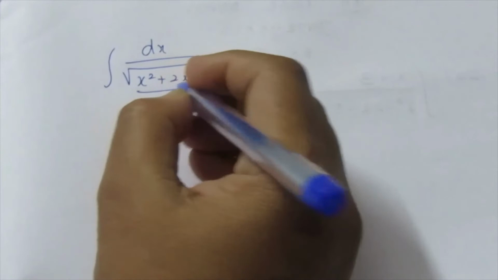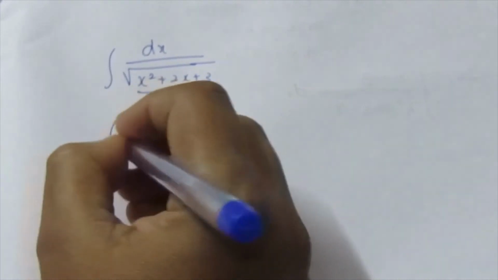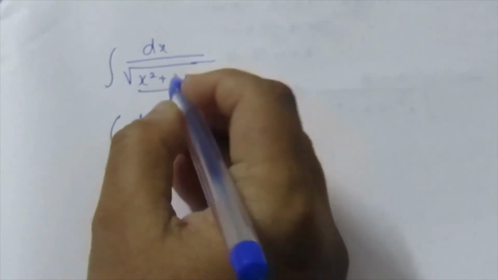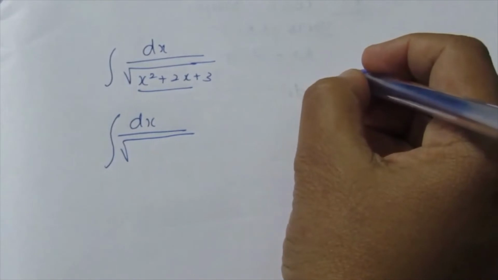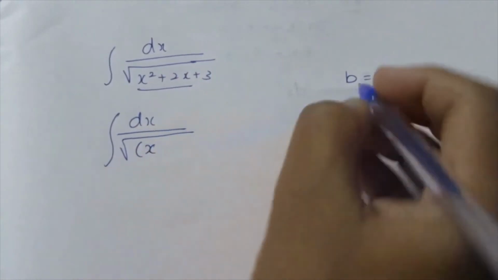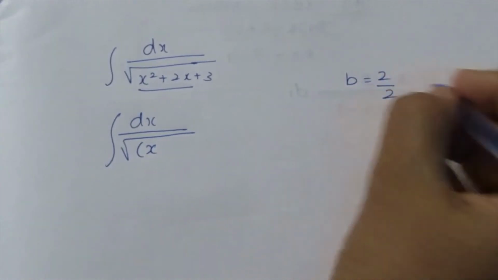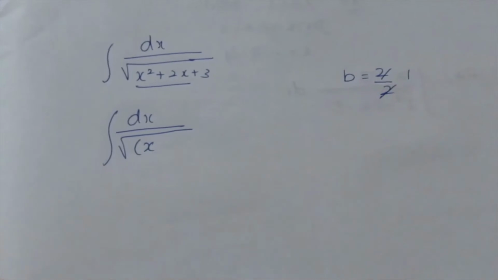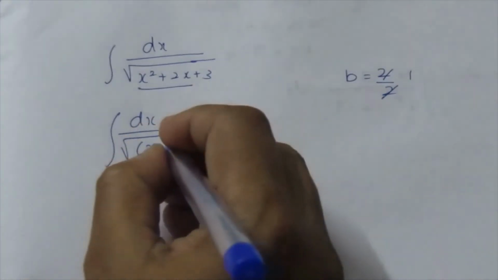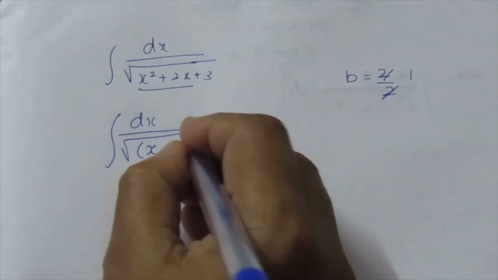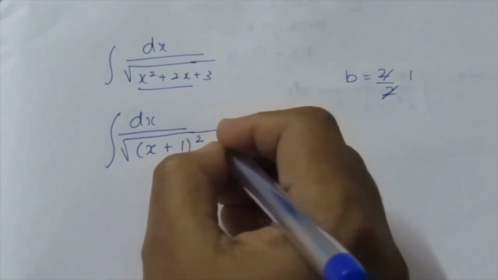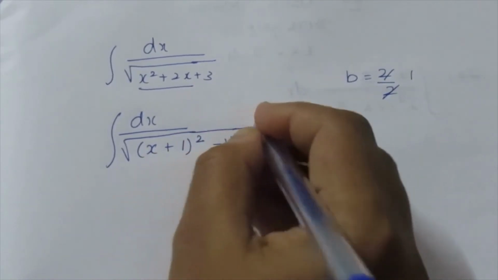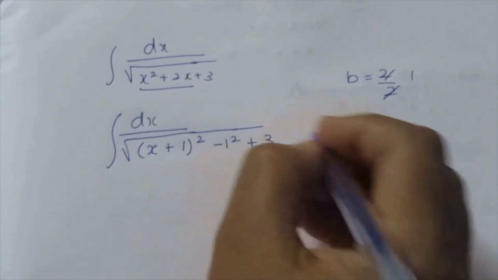Without changing the question, to change to a plus b whole square, take the x coefficient. We know that the x coefficient is 2. Take that to be b. Here a is always x. For b, the x coefficient divided by 2 will be your b. If I cancel this 2, it becomes 1. So your b is 1, which means a plus b whole square. Immediately write minus b square. b square is 1 square, plus 3.